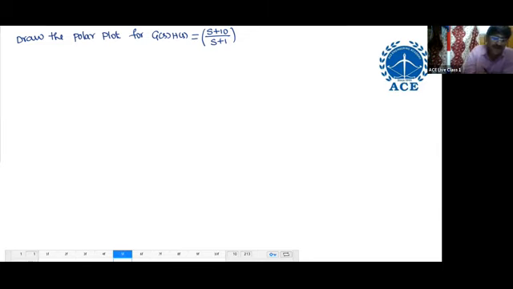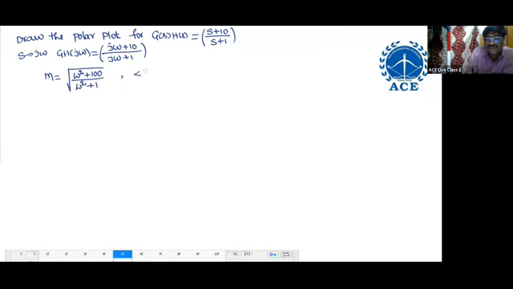Replace s by j omega. G H of j omega equals (j omega plus 10) by (j omega plus 1). Then the magnitude equals root of (omega square plus 100) by (omega square plus 1).